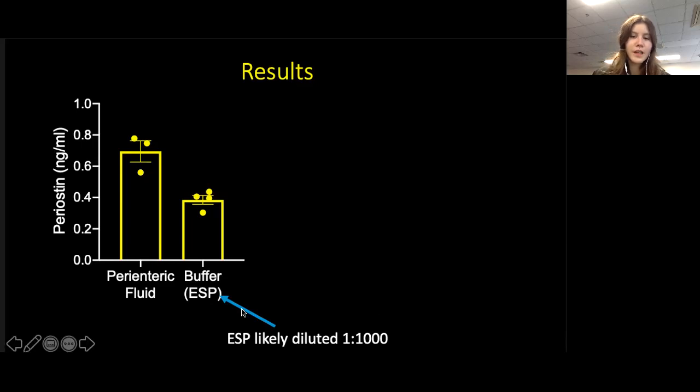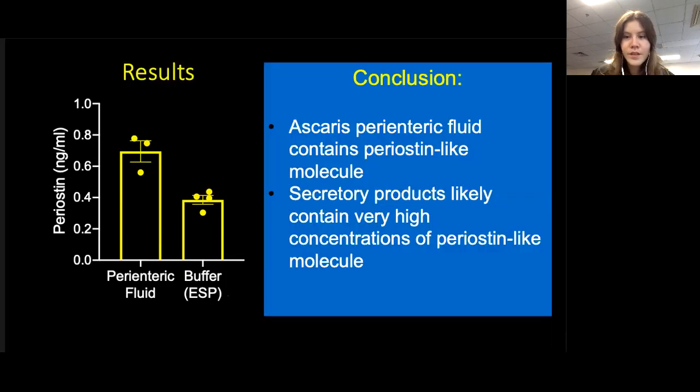So the bar on the right would likely be a lot higher if the ESP had not been diluted so much in buffer. From this, we concluded that Ascaris perienteric fluid contains a periostin-like molecule. And also Ascaris excretory and secretory products likely contain a very high concentration of the periostin-like molecule.